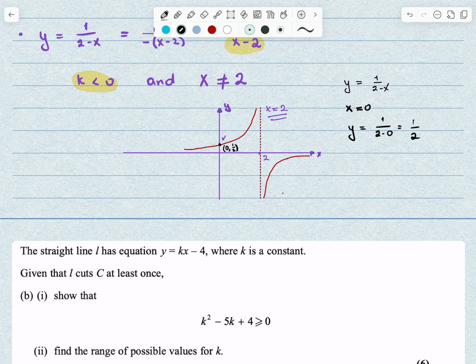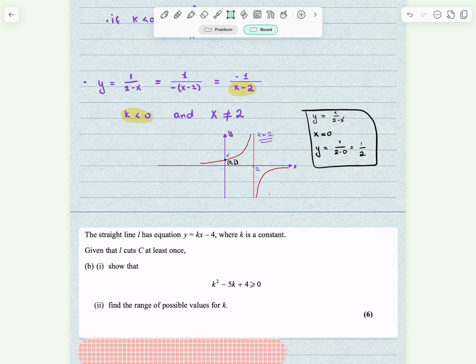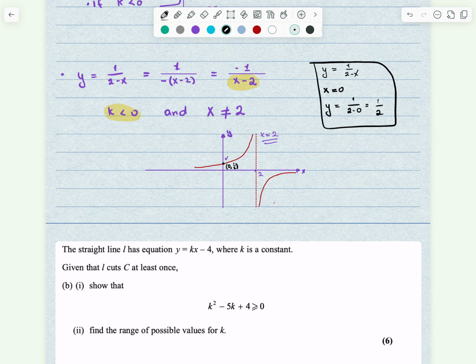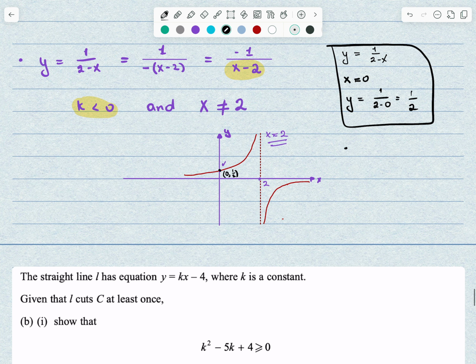But what about the x intersection? Do we have an x intersection? To find an x intersection, this is part of our solution, or part of sketching the graph, we have to set y to 0. We know this from IGCSE as well: how to find the y intersection, how to find the x intersection. To find the x intersection, we need to set y to 0.